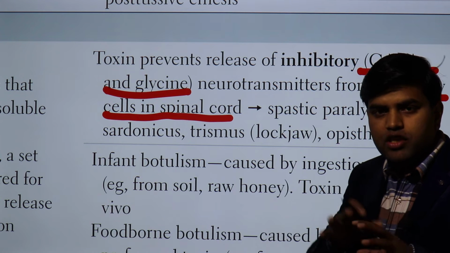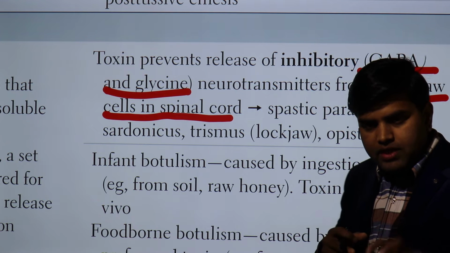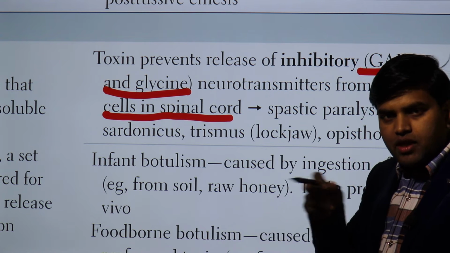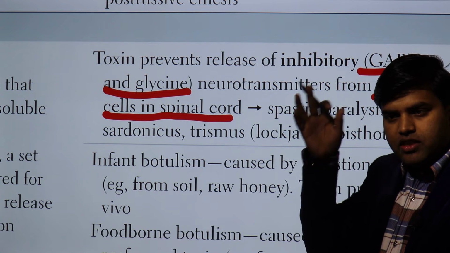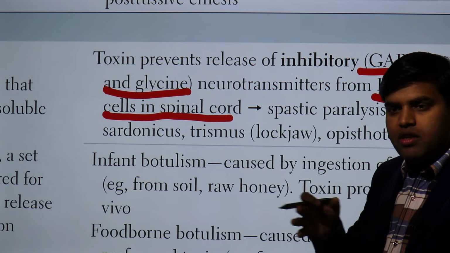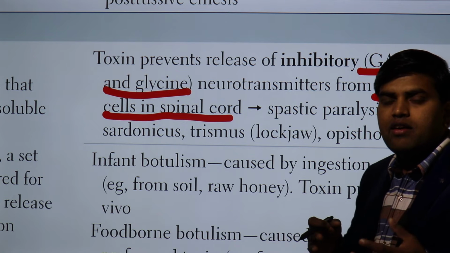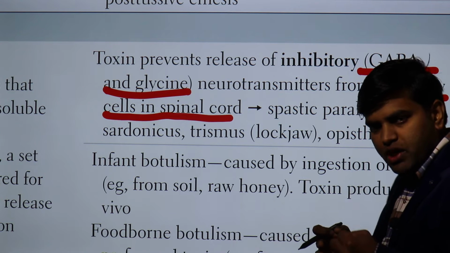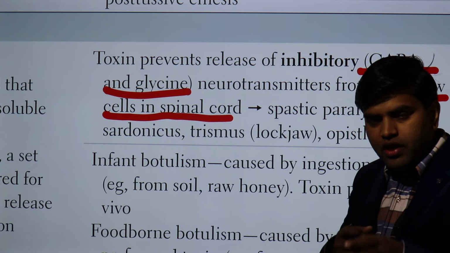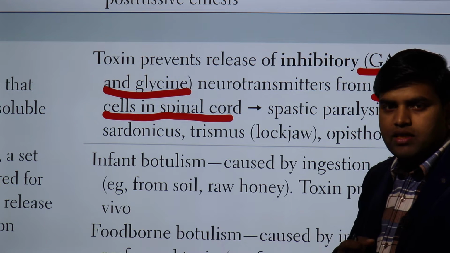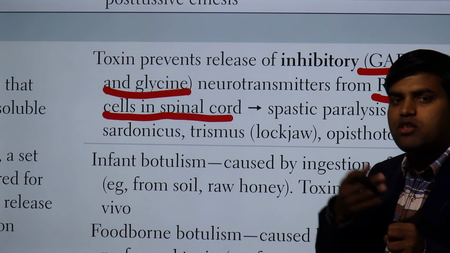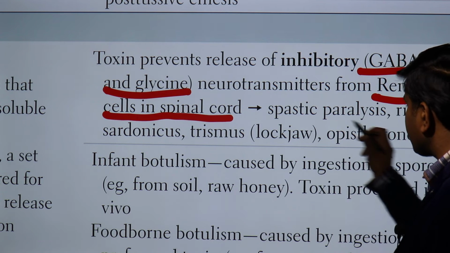So there is no proper control of the lower motor neuron, and the reflex arc signal is not controlled from your central nervous system. The lower motor neuron acts faster and more, and that becomes spastic paralysis. If it were due to a lower motor neuron lesion, it would be flaccid paralysis, with no action. But here the tone has been increased. It is a paralysis, but the tone has increased. So there is spastic paralysis.